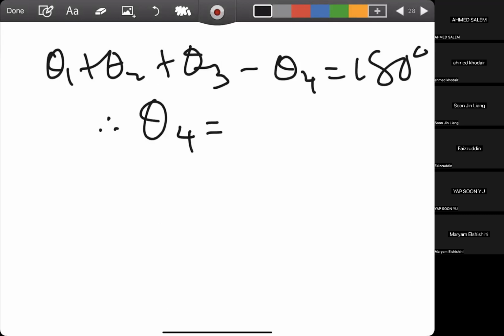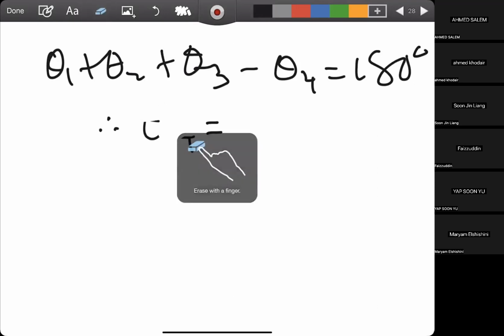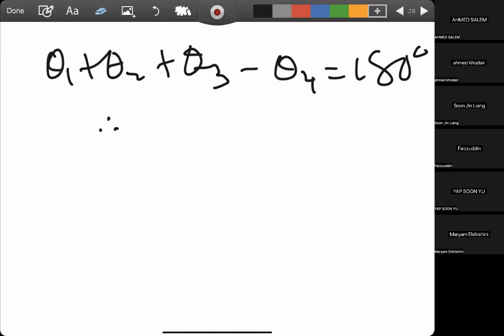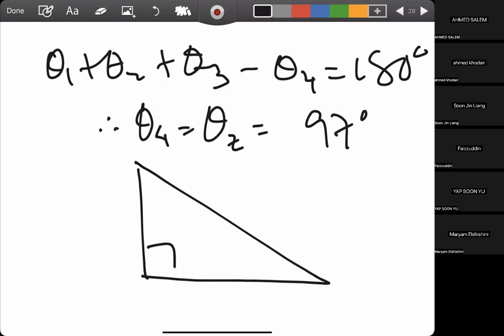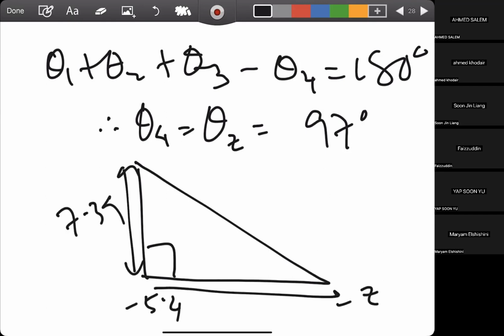So theta 4, which is theta z, will be 97 degrees. Then find the z value by calculating the distance. This one is omega d. Find this distance, which is x.